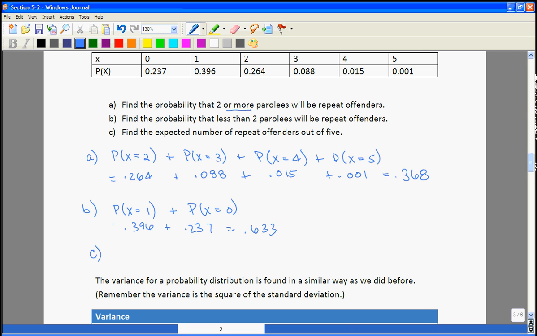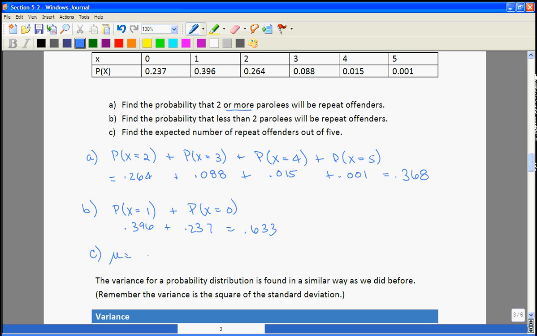And finally, part C. Find the expected number of repeat offenders out of 5. So this is the average, meaning out of the 5 parolees, in the long run, how many of them will be repeat offenders? So here's what we do. We take each value that random variable X can take on, and multiply it by its probability. So this is the mean.